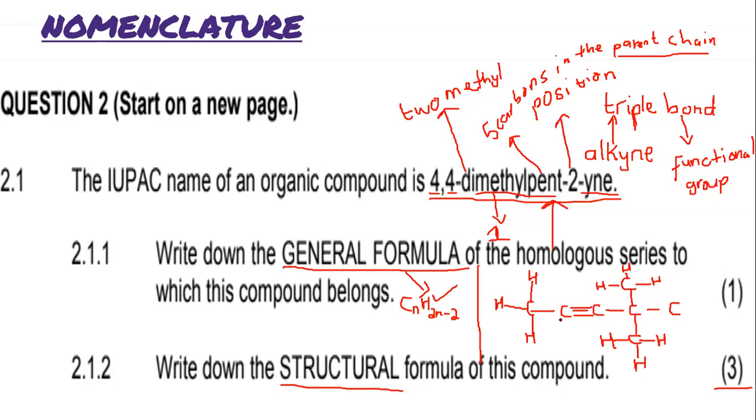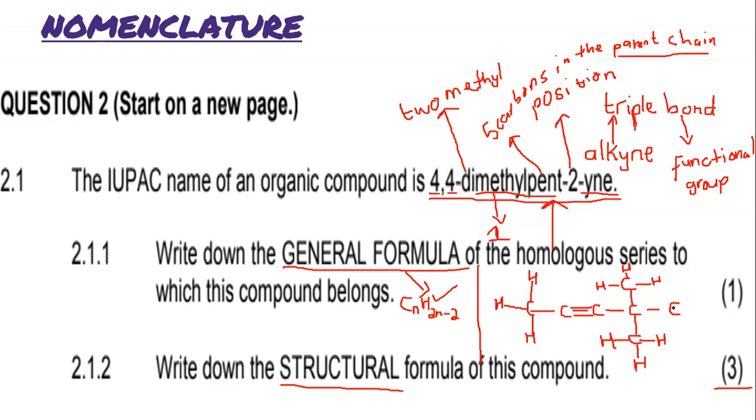So I can't put anything because this carbon already has 4 bonds. Let's go to the third carbon. The third carbon has 1, 2, 3, and there it's 4. So I can't put any other bond on the third carbon. Then I go to the 4th carbon. It has 1, 2, 3, 4 bonds. So I'm happy with this carbon altogether.